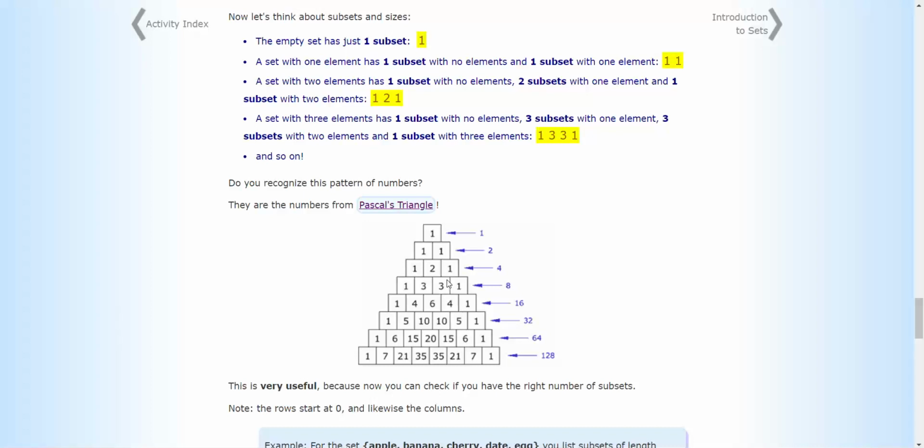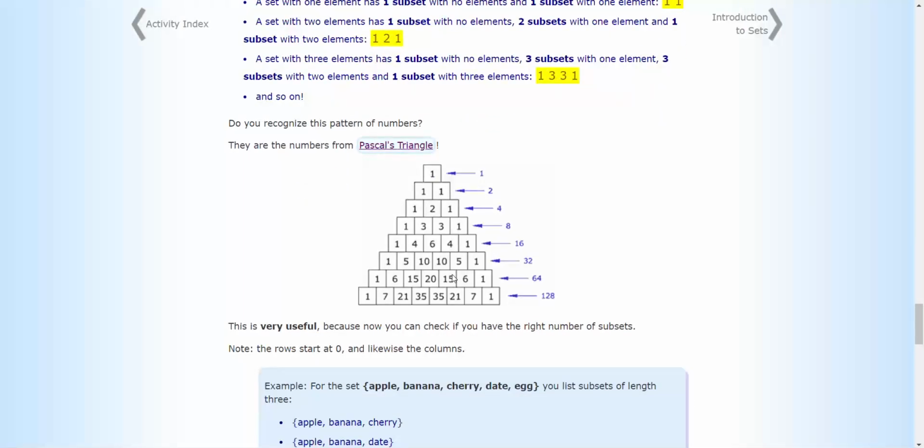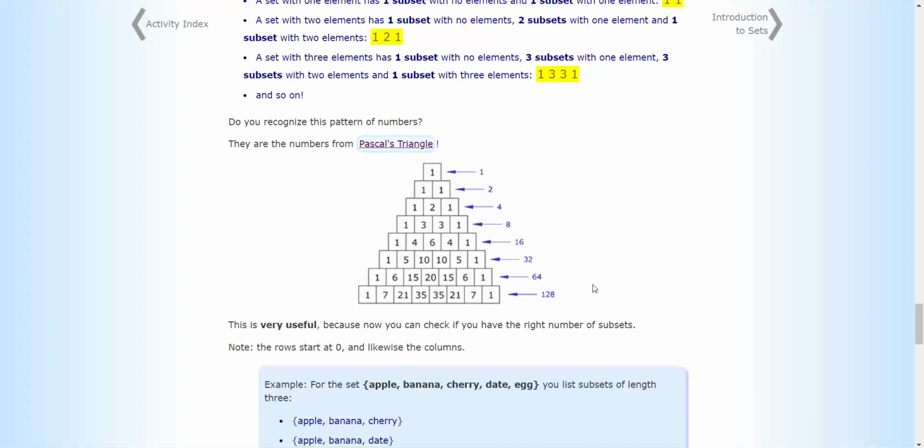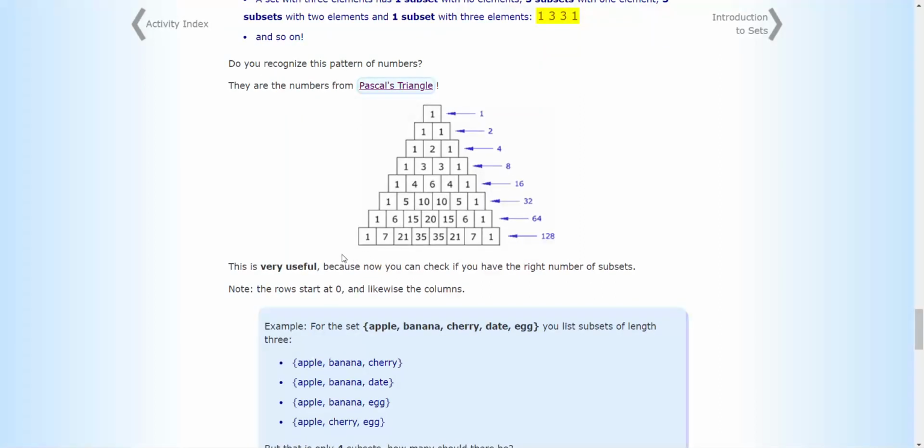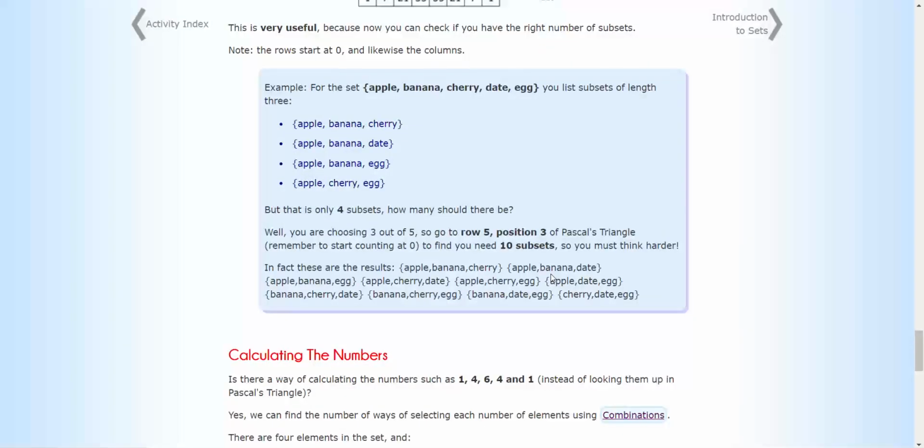And that's how we proceed with the rest, until we have a set of 7 elements. I think this could keep going, but for now, this is what Pascal's triangle is saying to us.